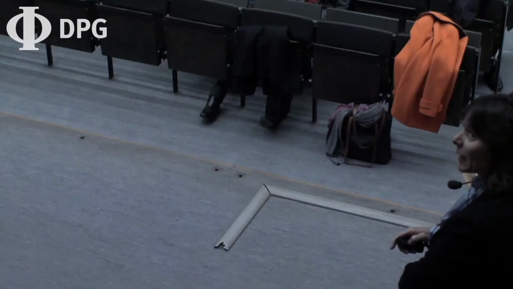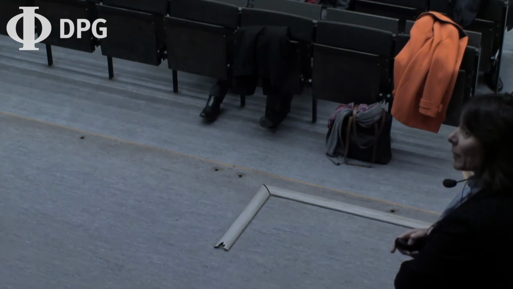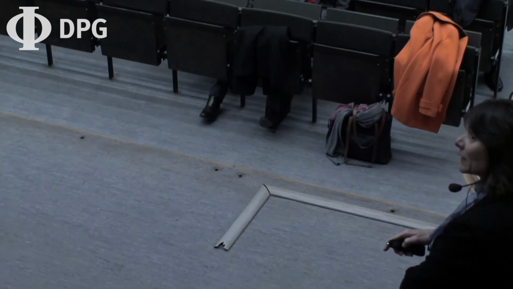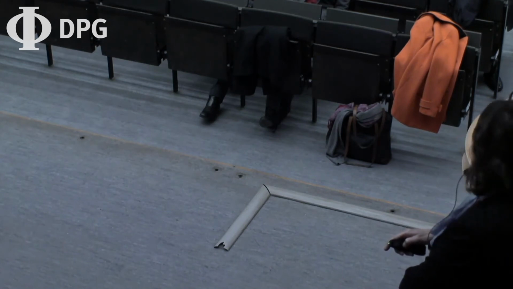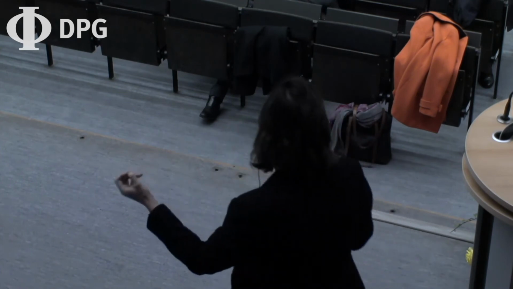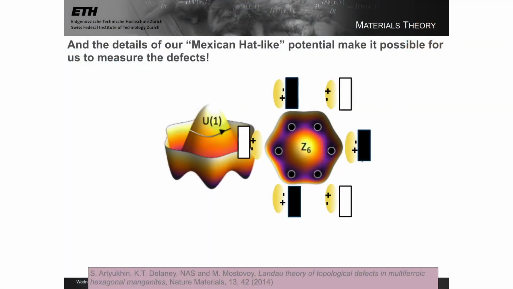This was taken by Martin Lilienblum, who was a PhD student in the group of my colleague Manfred Fiebig at the ETH. And now if we look in a little bit more detail, you see always we have these 6 regions of up, down, up, down, up, down ferroelectric polarization meeting at what on the surface looks like a point, but in 3 dimensions is actually a 1-dimensional line defect running through the material.